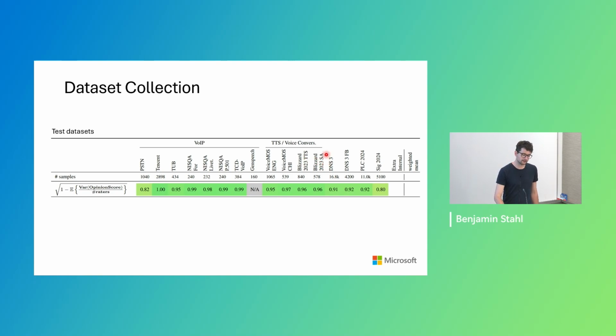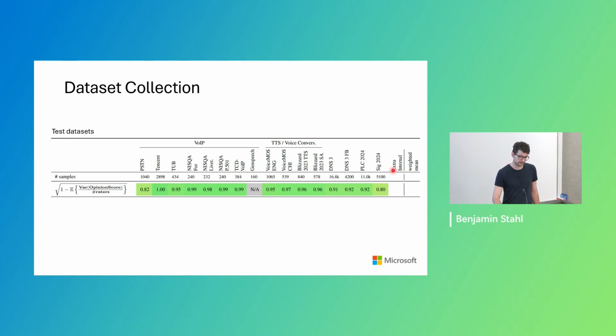And then there are 3 internal data sets. These are from the submissions to the DNS challenge, Deep Noise Suppression challenge, to the packet loss concealment challenge, and to the signal improvement challenge. All of these challenges have been organized by Microsoft, by Teams.